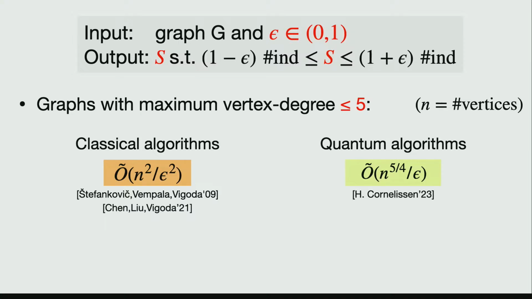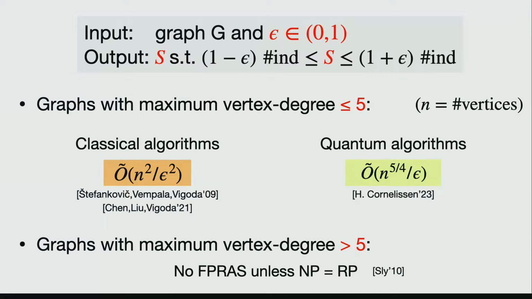So this is the best known complexity, both classically and quantumly, assuming the maximum vertex degree in the graph is at most 5. Classically, you can achieve a quadratic running time with respect to the number of vertices. And quantumly, you have this speedup by applying the framework that I told you about.